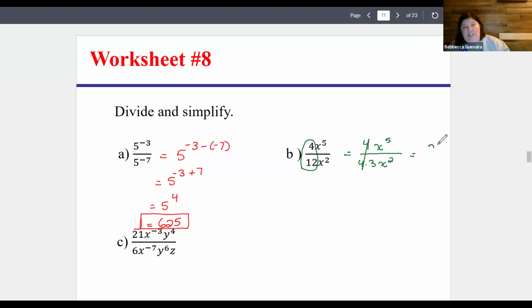So really this is just x to the 5th over 3x squared. So now we have x to the 5th and x squared. So with just this part, the 5 stays, and then we subtract the 2, and we keep the 3 down here. And then this just becomes x cubed over 3.